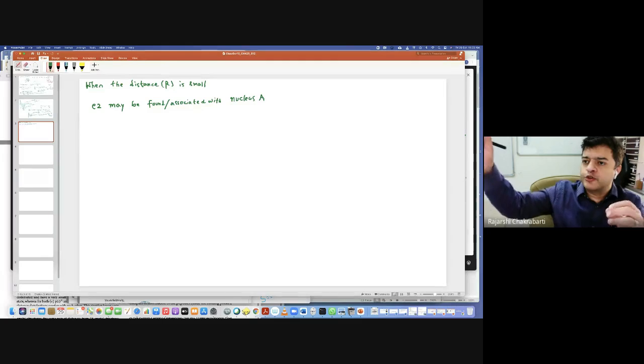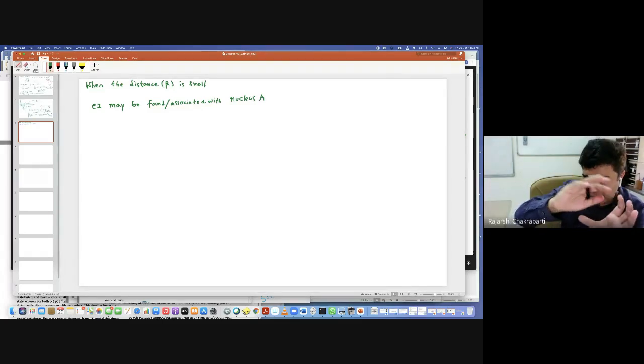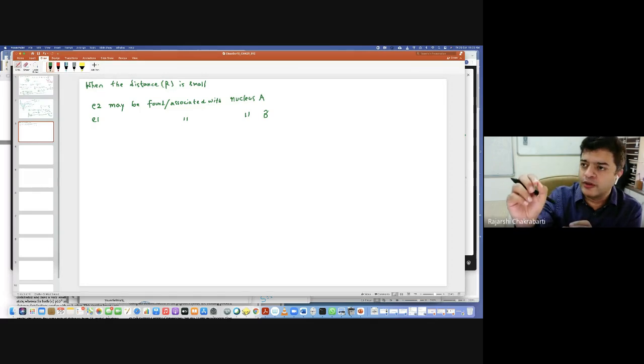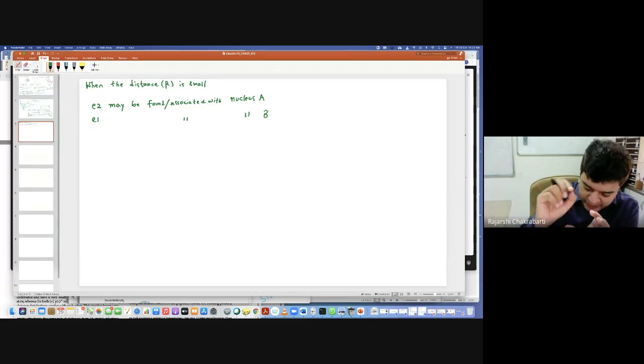Electron 2 could be close to nucleus A, and electron 1 could be found close to nucleus B or associated with nucleus B.